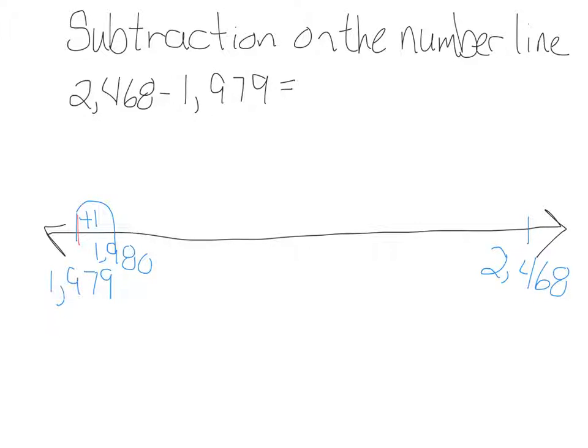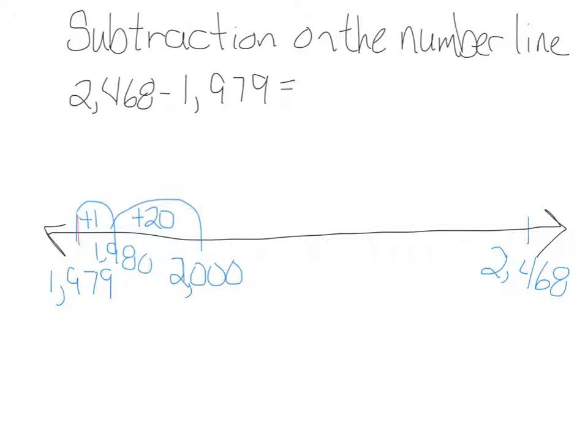Now I know that 8 plus 2 is going to give me 10, so I know that 80 plus 20 is going to give me 100. So I'm going to add 20. Because I know that 1,980 plus 20 is going to give me 2,000.